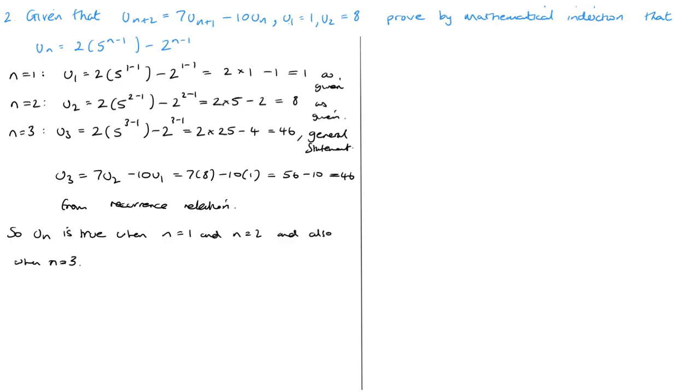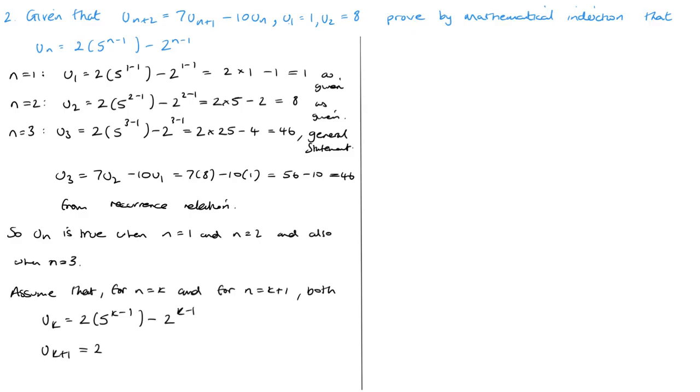Okay, now we make the assumption. So we're assuming u_k is 2 times 5 to the power k minus 1, minus 2 to the power k minus 1, and u_(k+1) is 2 times 5 to the power k plus 1 minus 1, minus 2 to the power k plus 1 minus 1, or 2 times 5 to the power k minus 2 to the power k.